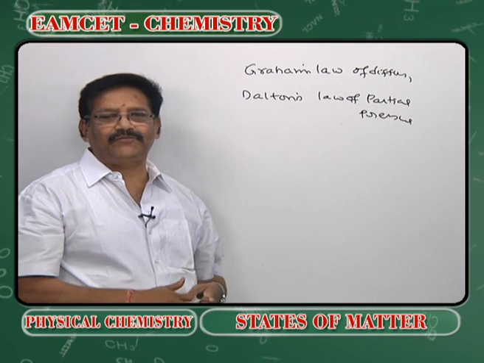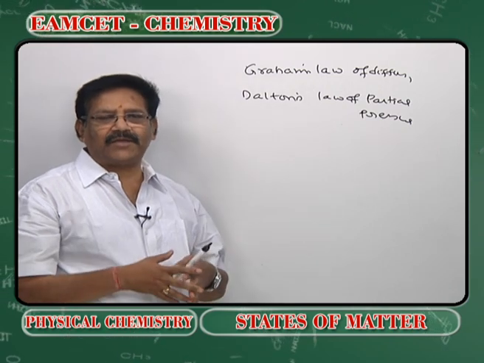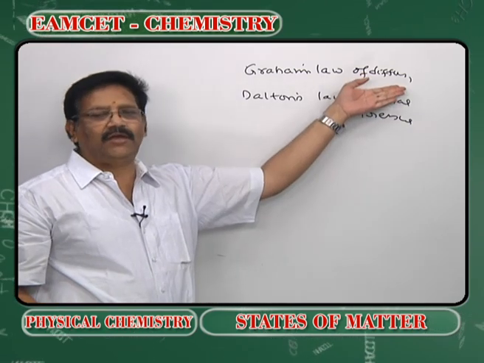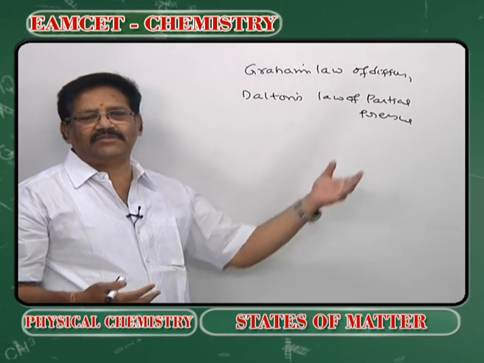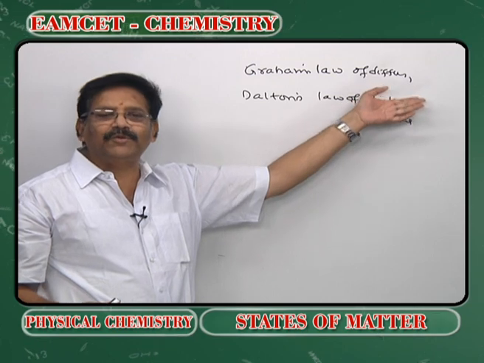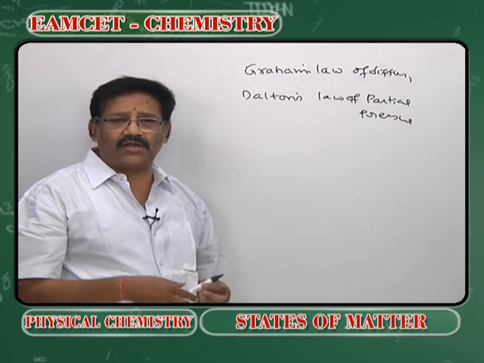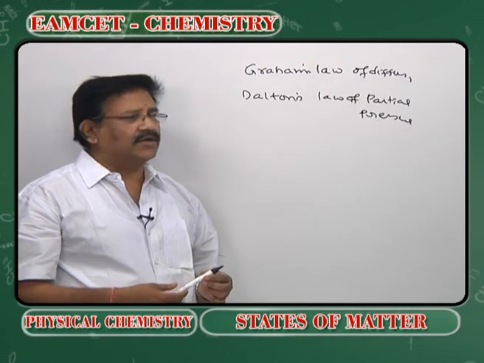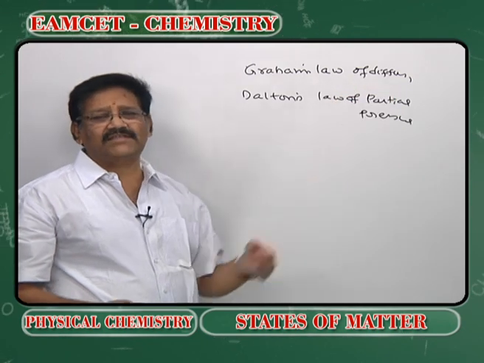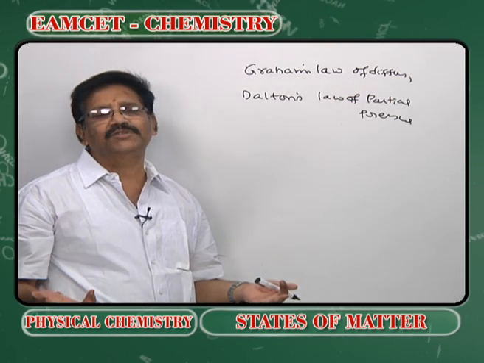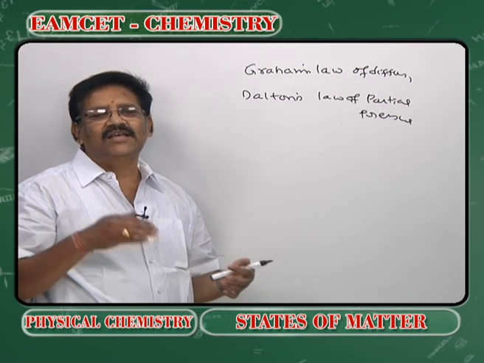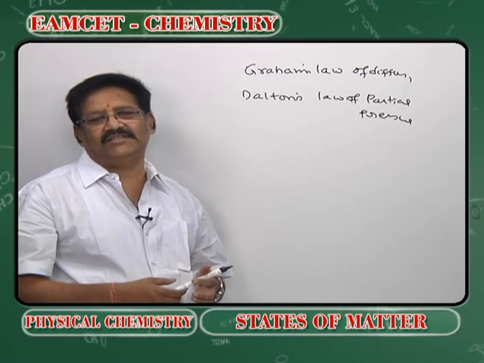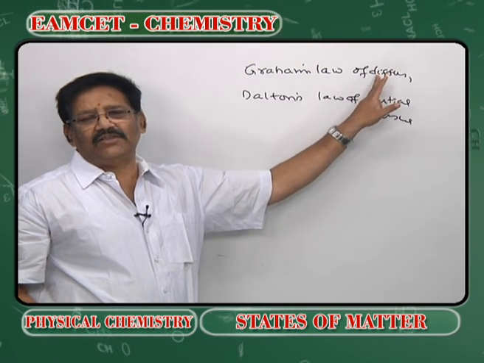What is meant by diffusion? The phenomenon in which gases intermix to form a homogeneous mixture is called diffusion. Why do gases get mixed up to form a homogeneous mixture? Because on mixing of the gases, the entropy of the system increases.